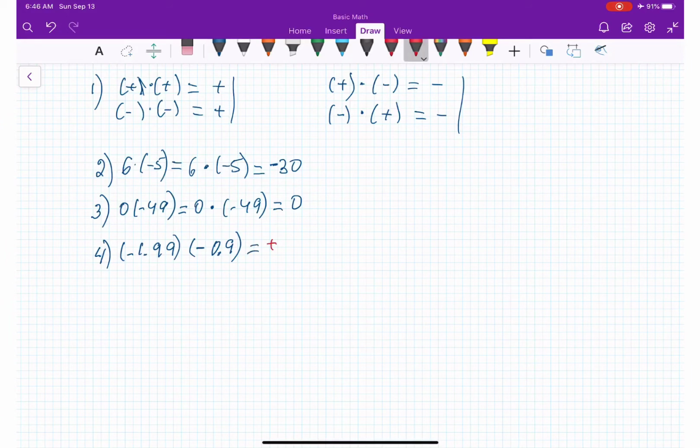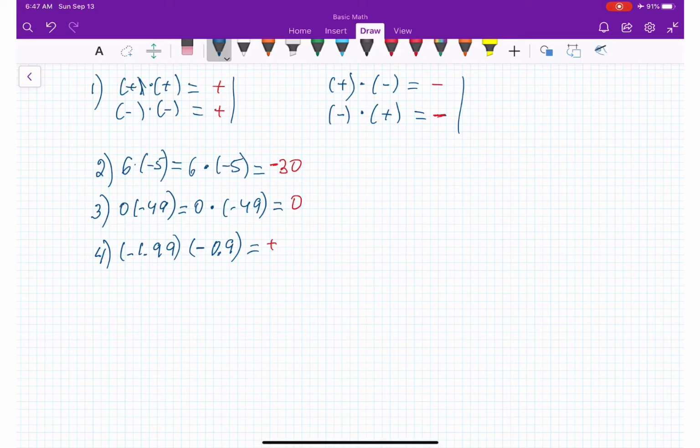Let me put these answers also in the red color. So those are answers. So what do we have? So we know that 2 negatives gives me positive.